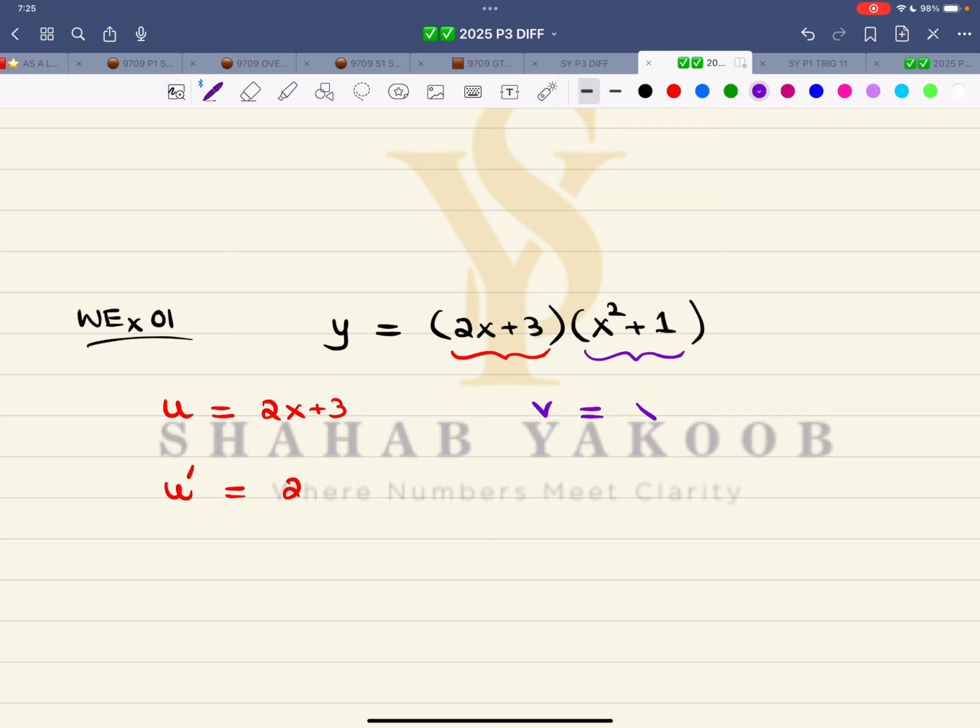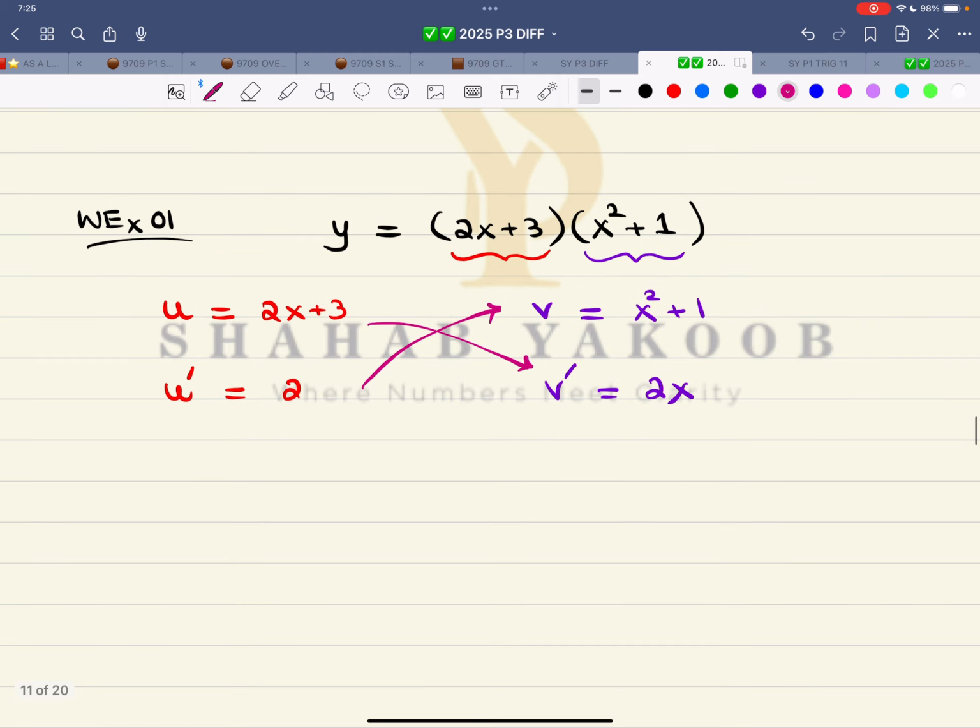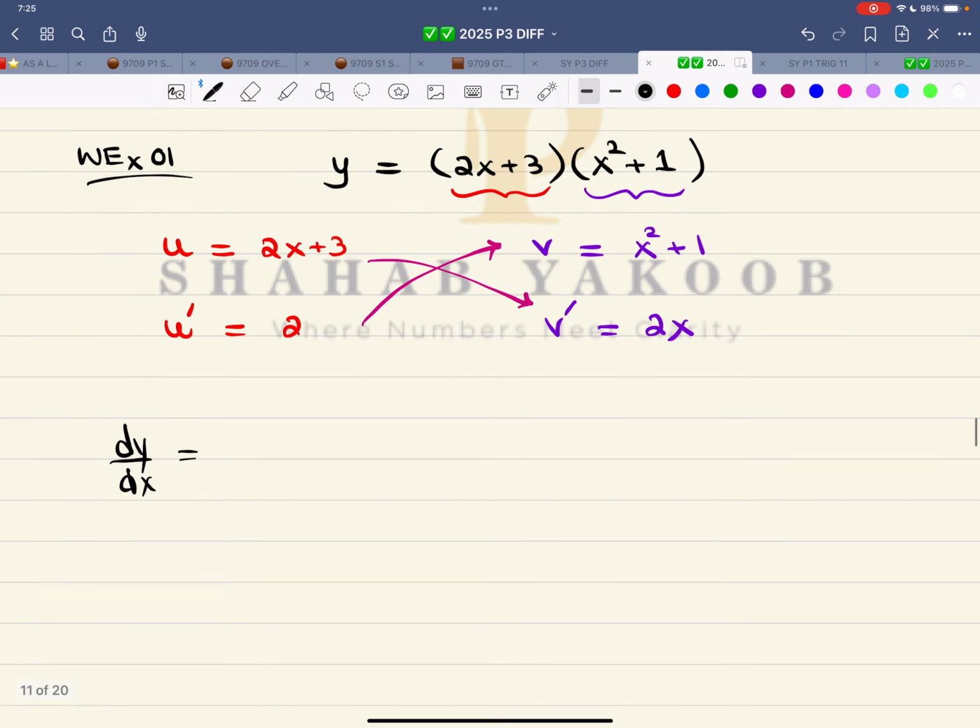So v is x square plus 1 and v prime is simply 2x. It's kind of like cross multiplication, if you want to label it this way: u gets multiplied with v prime, v gets multiplied with u prime. So let me write it out. Therefore dy by dx equals 2x into 2x plus 3, and this is 2 into x square plus 1.